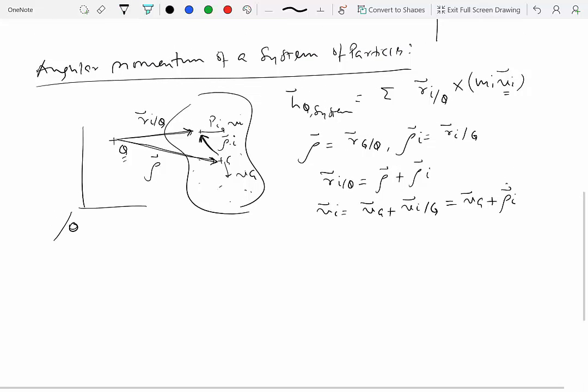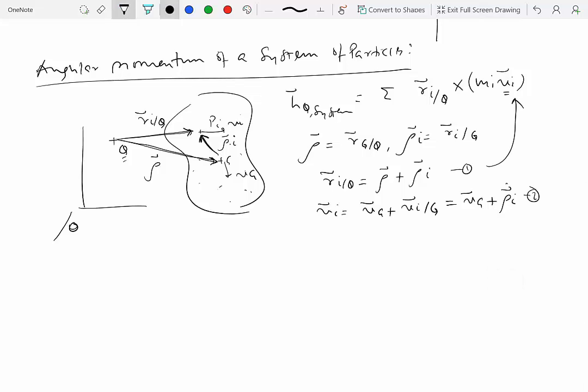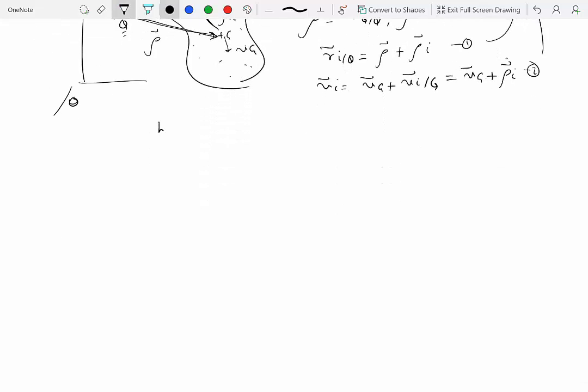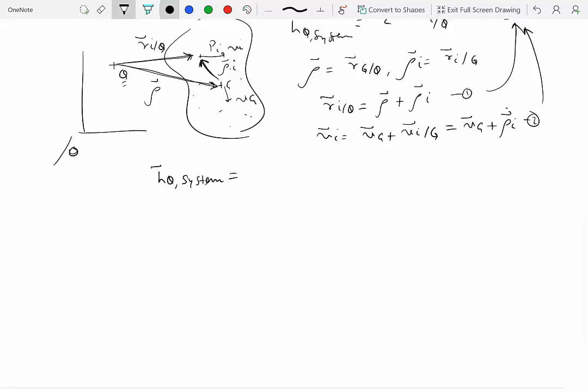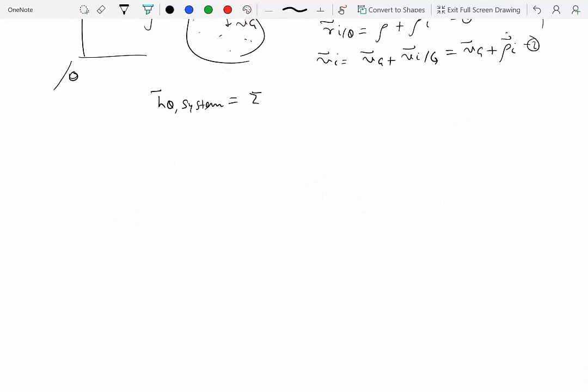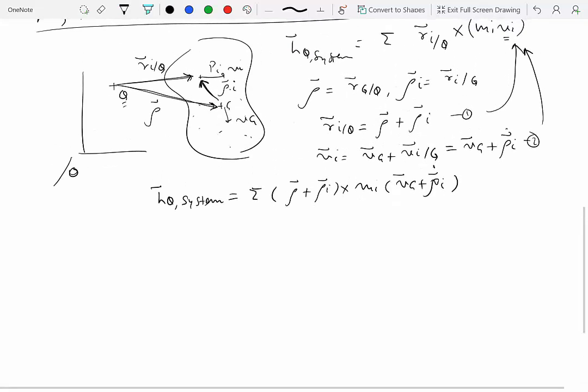So what I'm going to do is substitute these two relationships, 1 and 2, into this over here. Okay, so H_Q of the system is equal to sigma (rho plus rho_i) cross m_i times (v_G plus rho_i dot), right? So we substituted both of those in there.